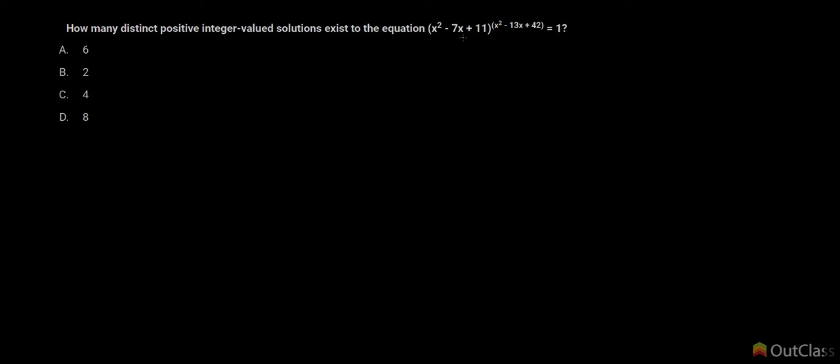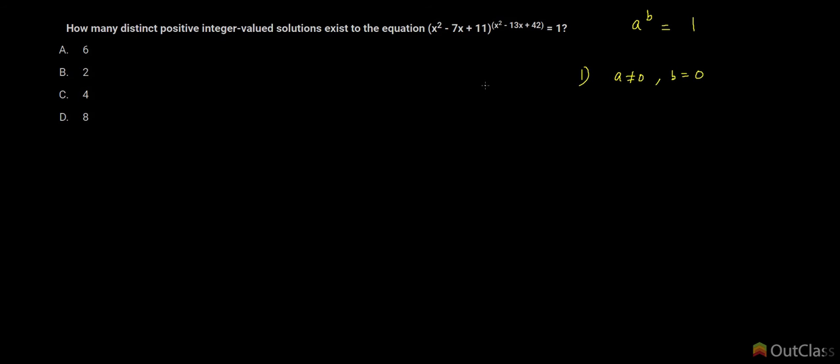Now as far as a raised to b is equal to 1 is concerned, we either need a not equal to 0, b equal to 0. Any non-zero number raised to 0 is going to be 1. 0 raised to 0 is a very complicated business. Let's not get into it.